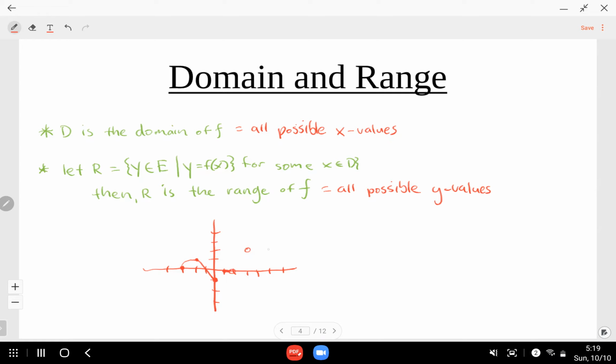So, what is the domain and range of this function?